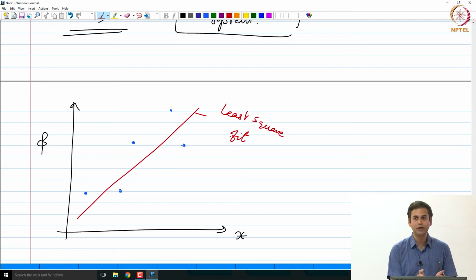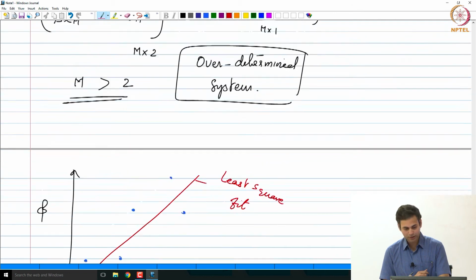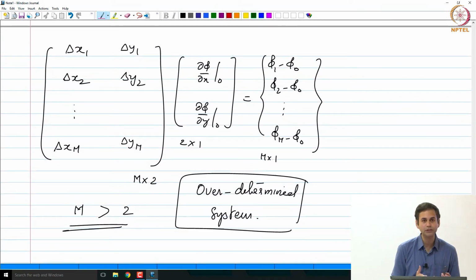In fact, that is what we have in the present situation. You have too much data and you have to calculate the two components of the gradients for the dependent variable. You just have to calculate partial phi partial x, partial phi partial y from these m equations. So, what we set out to do is minimize this error and calculate what these gradients would be, which will in a least square sense reconstruct the neighboring values accurately.